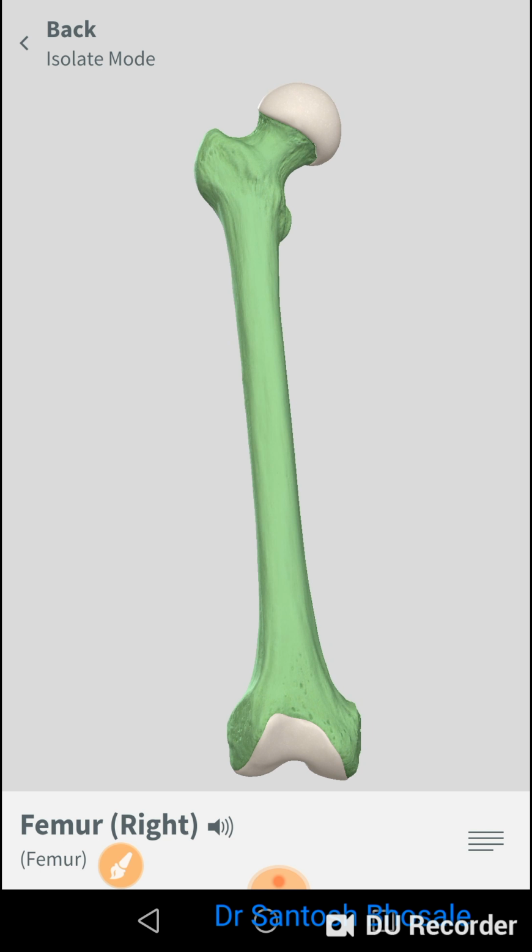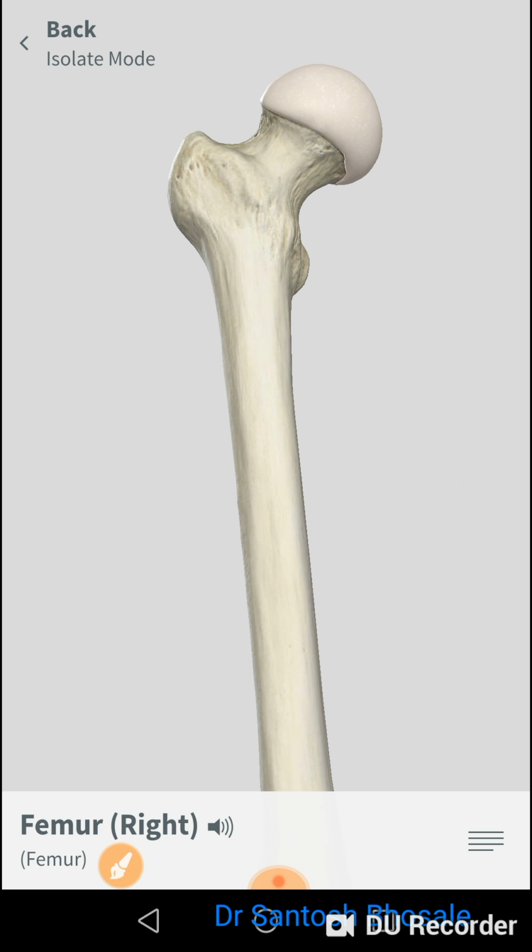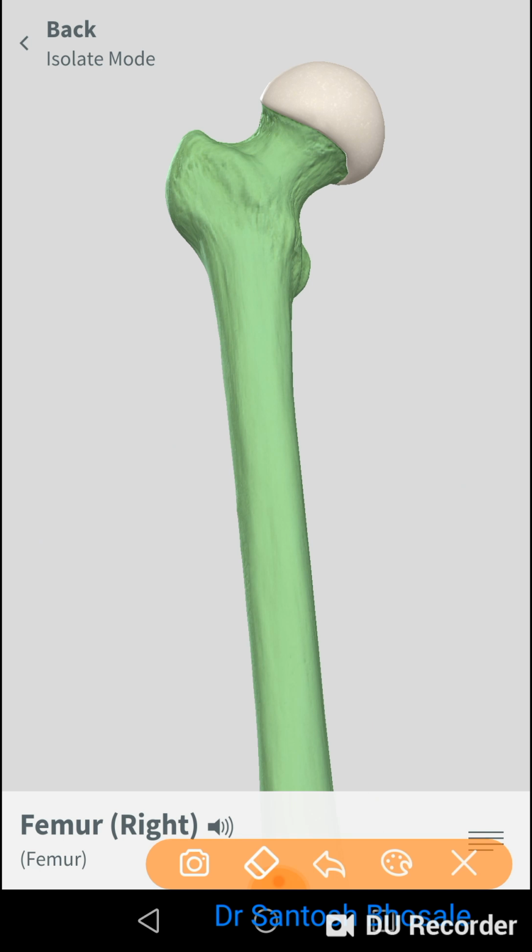You also see the trochanter shaft angle, that you can see if you draw a central line passing through the middle of the shaft, then one more line passing through the tip of the greater trochanter here, and one more angle is there, that is the trochanter shaft angle.